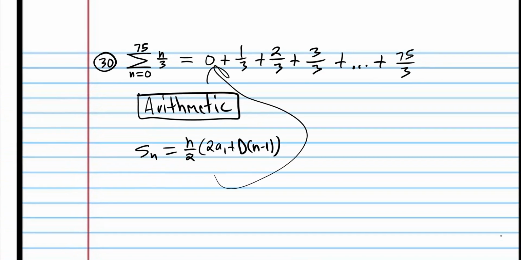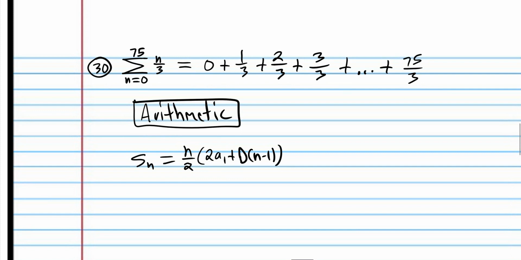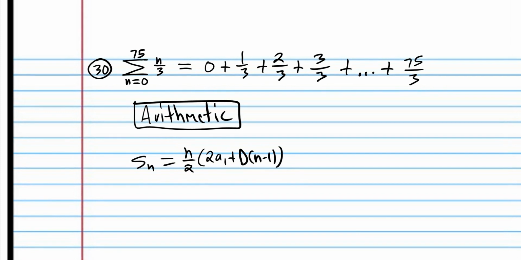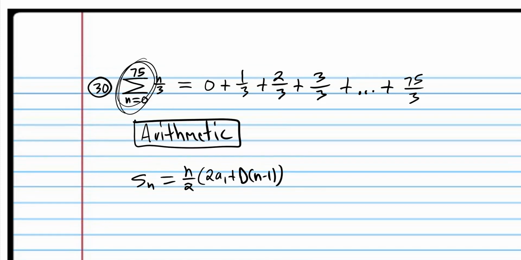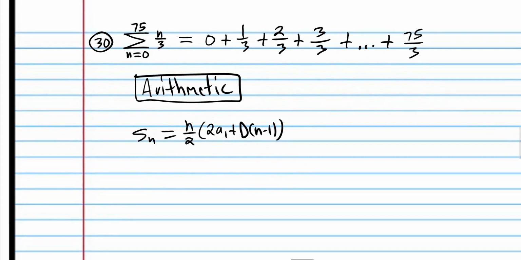Now, if 0 is the first term and n were equal to 1, then there'd be 75 terms, 0 being counted as one of the terms. But because the lower bound is 0, there's going to be 76 terms. And again, 0 is the first term.